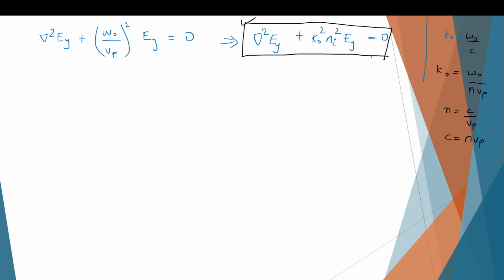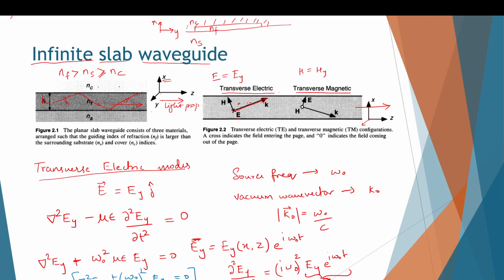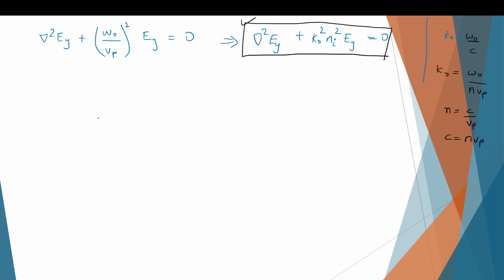Now I have to write this for different refractive indexes. So I have 3 different refractive indexes, and for these 3 different regions, I'll get 3 different solutions for this same equation. Now, as I said, this Ey is a function of x and z. But we can simplify this even further by noting that in the z direction it will only vary periodically because it's propagating along the z-axis.